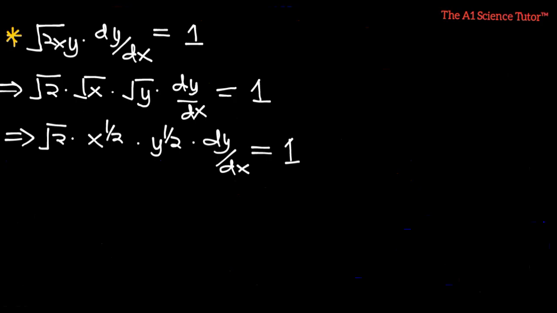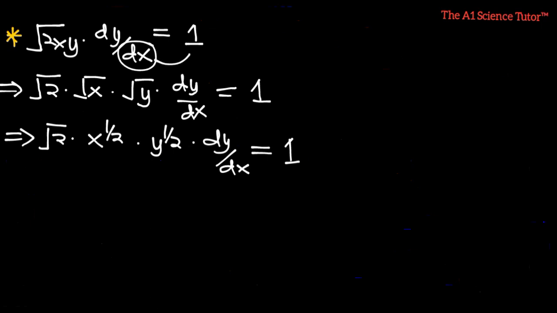Now next up, I need to take everything which is not in terms of y and take it to the other side. So first off, I'm going to use dx and multiply to this other side. Now you should know that I could actually have done that over here already.